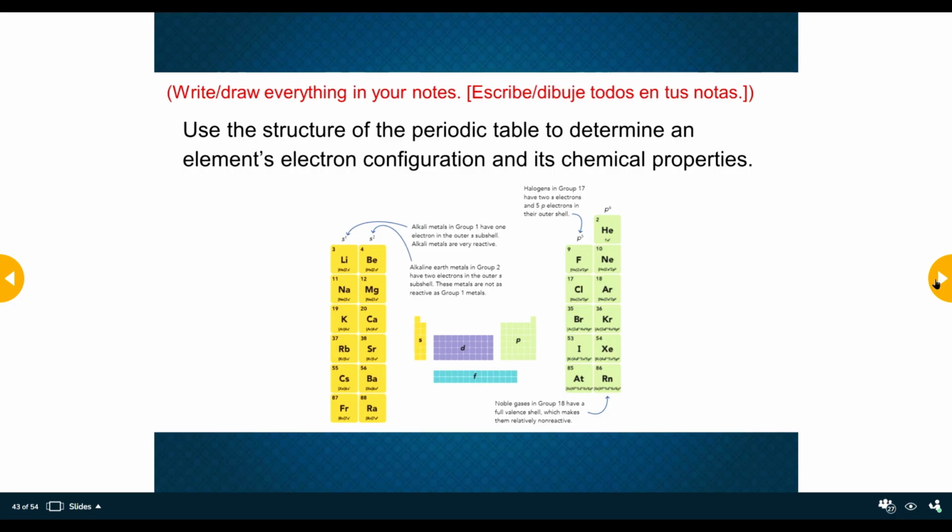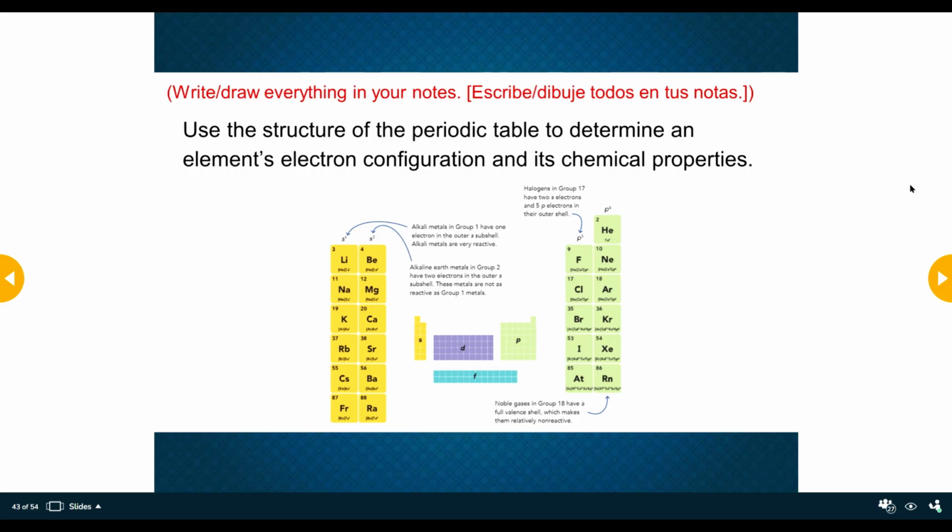For example, all of the alkali metals in group 1 have 1 electron in the outer S subshell. Alkali metals are very reactive. Reactivity is typically due to electrons, and electrons that are essentially open or unpaired are easy to move around and cause chemical reactions to happen relatively easily.